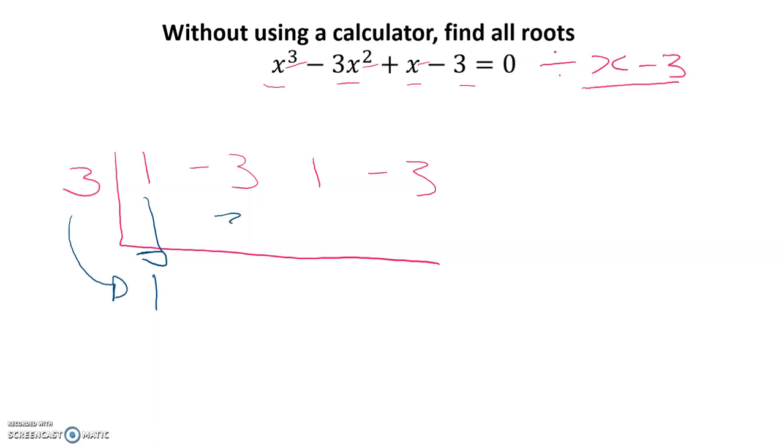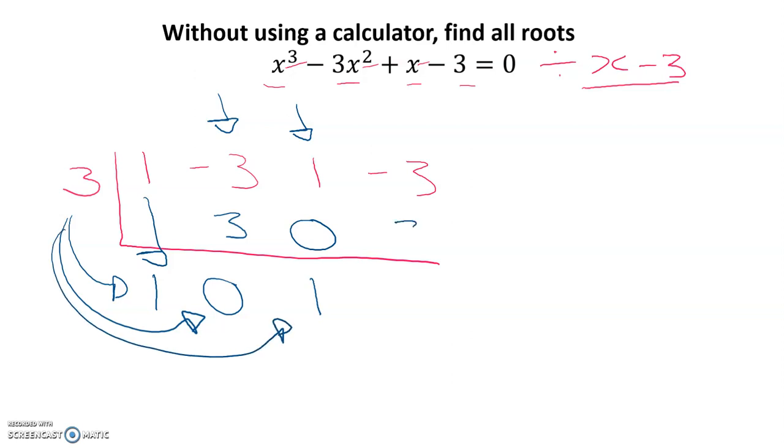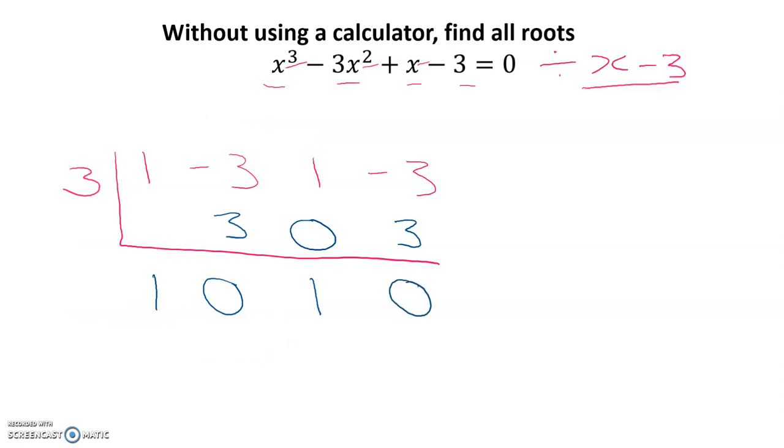3 times 1 is 3, and then we add the column. -3 plus 3 is 0. Multiply. 3 times 0 is 0, then add this column and we get 1. 3 times 1 is 3, -3 plus 3 is 0, and we are finished. Now initially this one represented x cubed, so our answer is x squared.